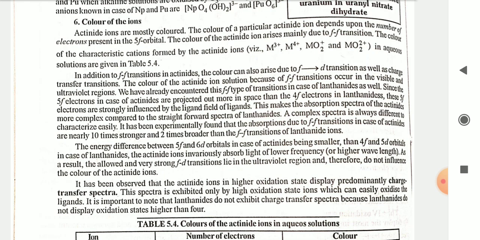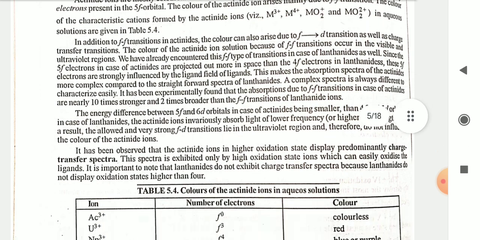It has been observed that actinide ions in higher oxidation states display predominantly charge transfer spectra. This spectra is exhibited only by higher oxidation state ions, which can easily oxidize the ligand. It is important to note that lanthanides do not exhibit charge transfer spectra because lanthanides do not display oxidation states higher than 4.